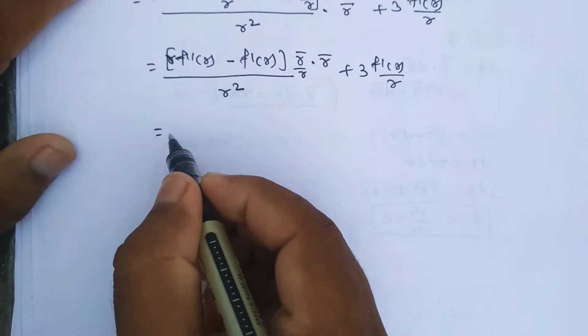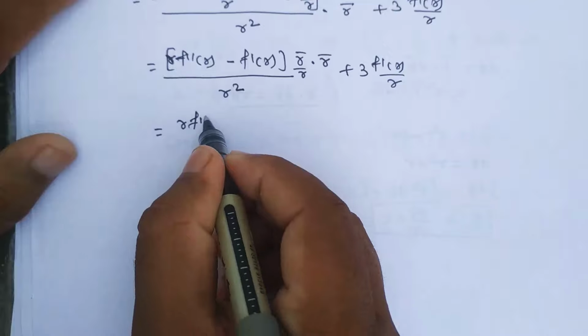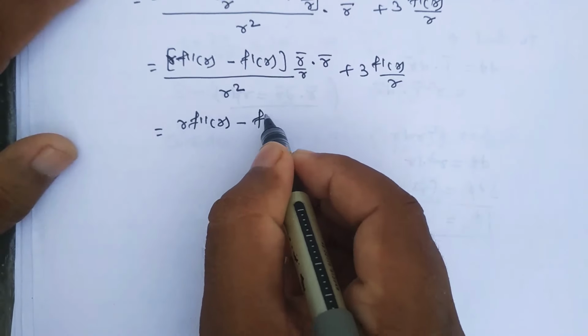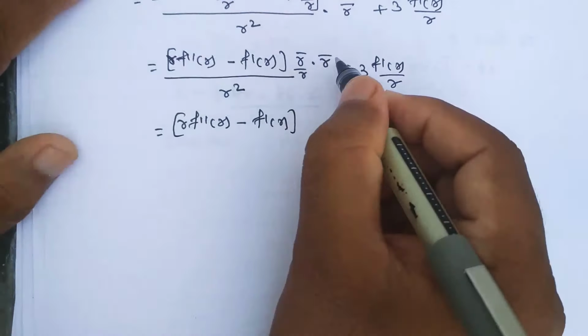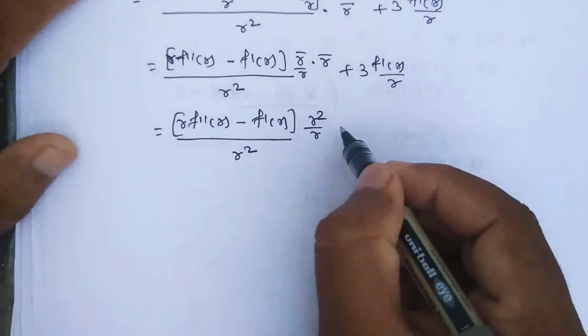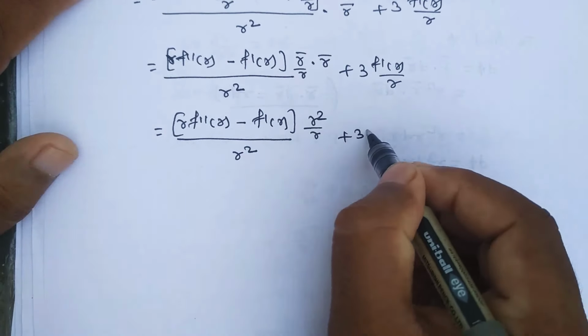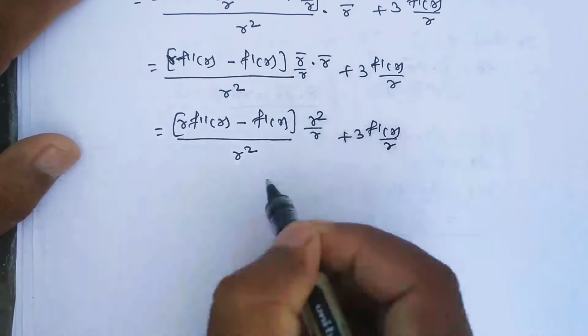Now this is equal to r into f double dash of r minus f dash of r, the value of r bar dot r bar is r square upon this r, this denominator is r square, plus 3 f dash of r upon r.